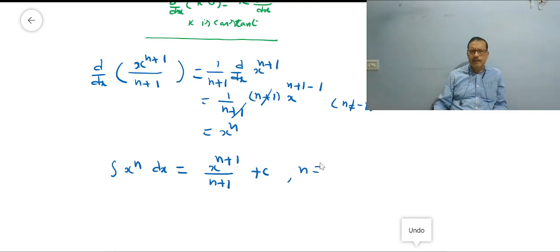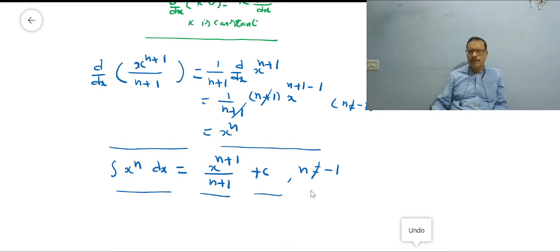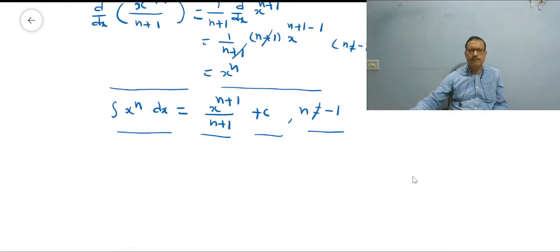Here n is not equal to minus 1. So what is the formula of the integral of x to the power of n dx? x to the power of n plus 1 by n plus 1 plus c, where n is not equal to minus 1.